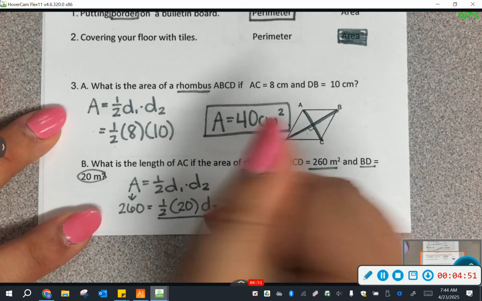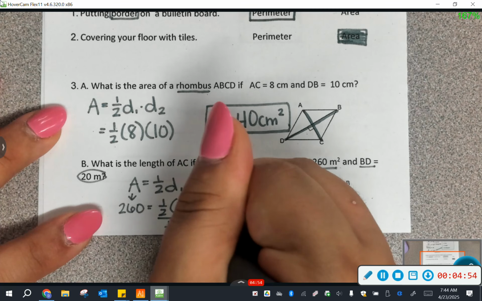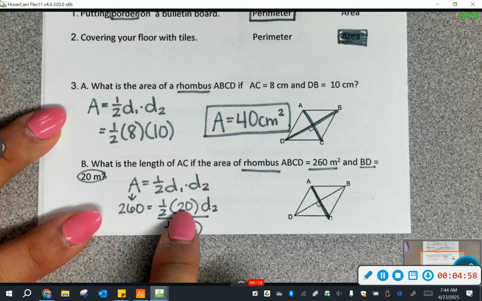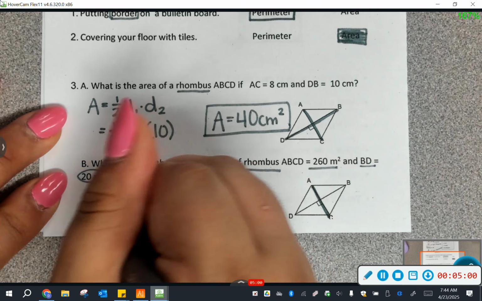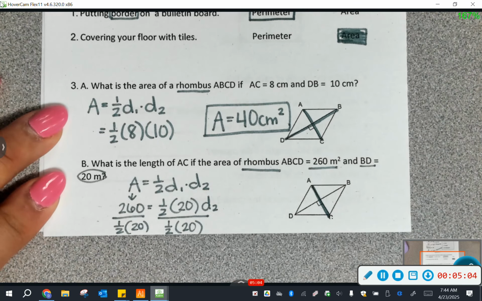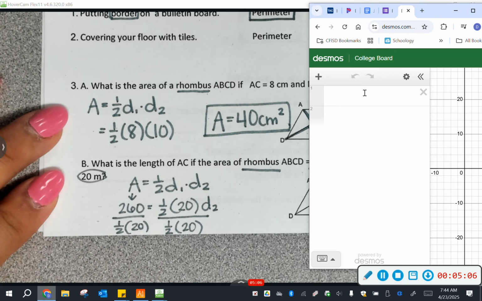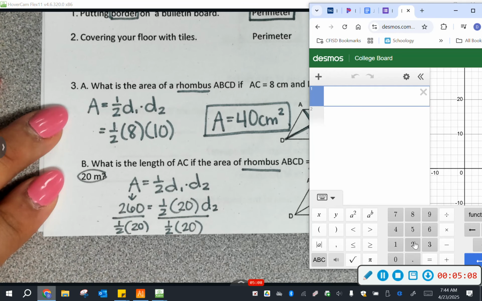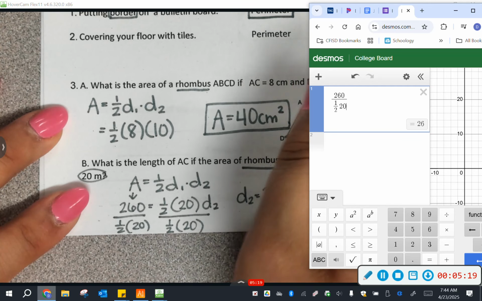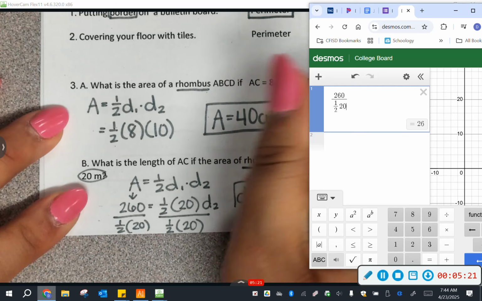Divide it by 10, or 1/2 and 20. So you can put both of them, or what's half of 20? 10. So you can do the math beforehand. And if I do that right here, 260 divided by 1/2 of 20, my diagonal 2 is 26 meters.